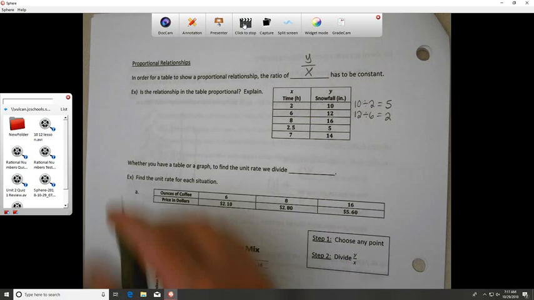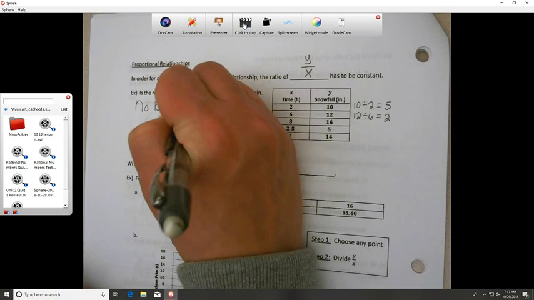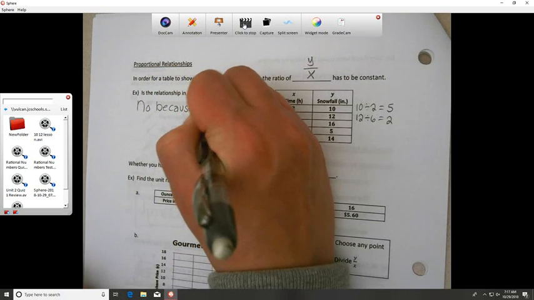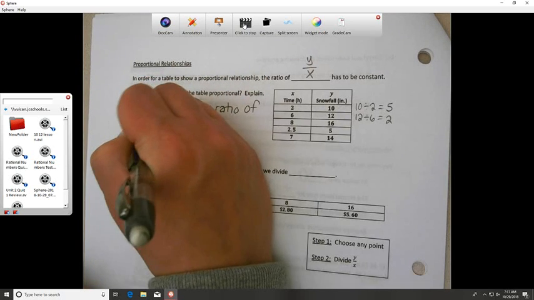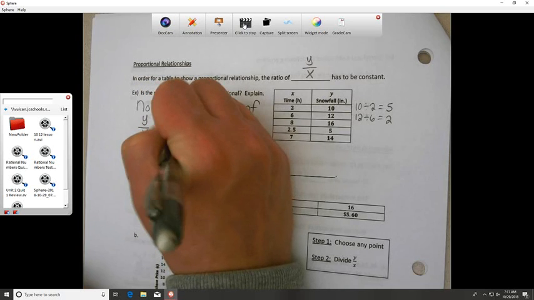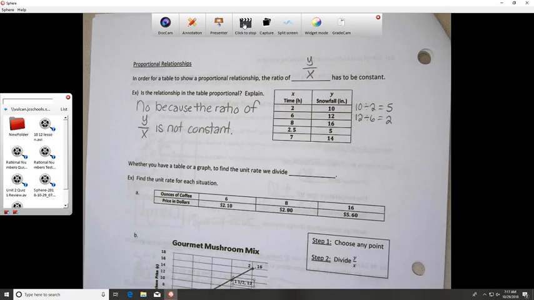So I'm going to say, no, it's not proportional, because the ratio of y divided by x is not constant. You could also say something like, no, because I divided y divided by x and didn't get the same thing every time. You just have to be specific about what you're describing.